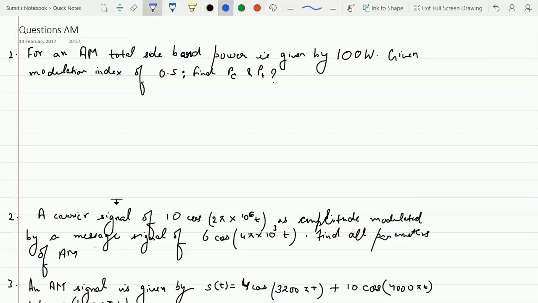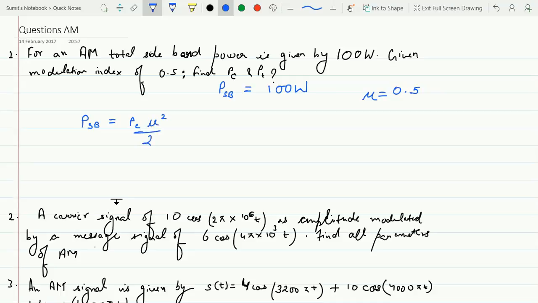Question 1 says, for an AM the total sideband power is given. Write it down as PSB, the sideband power, is 100 watt, and mu is specified as 0.5. It is asking you for PC and PT. We know the power relation, the sideband power is PC mu square by 2.